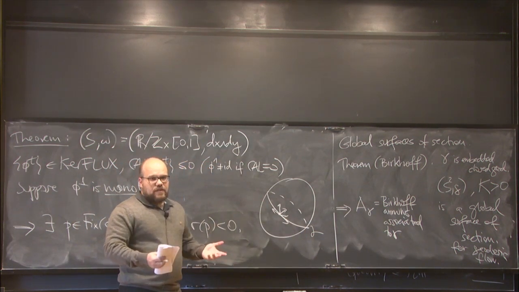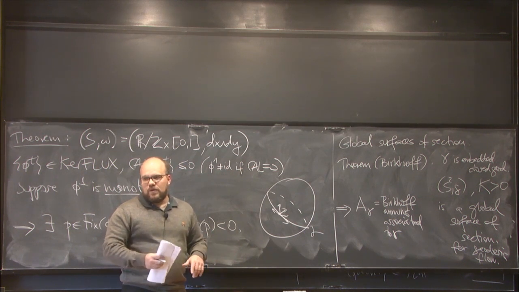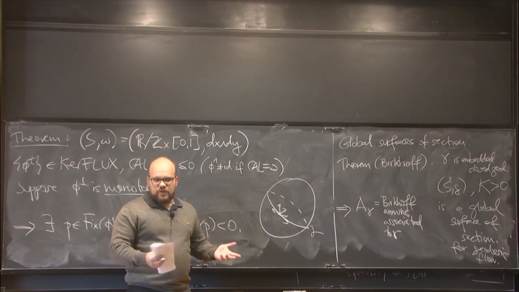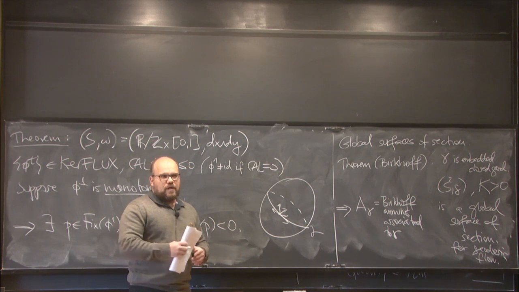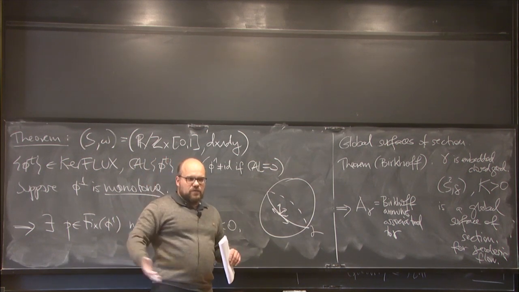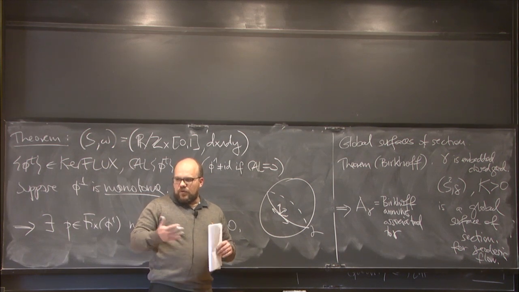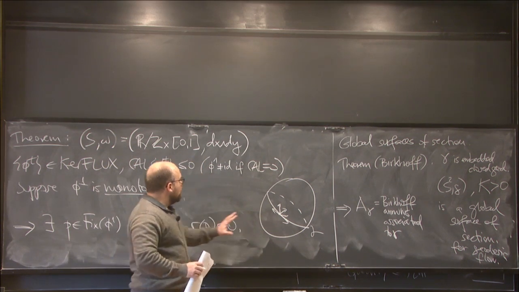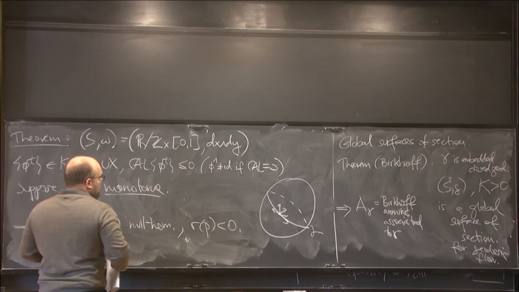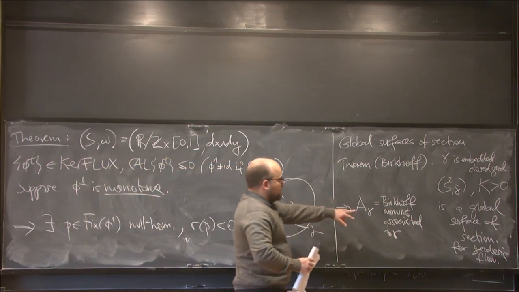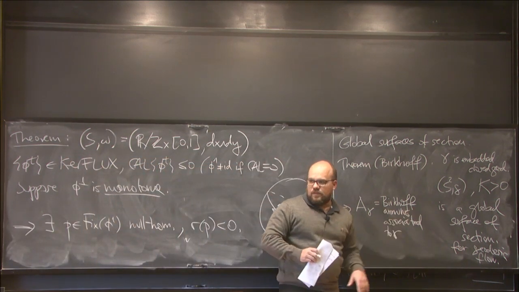And every single trajectory which is not one of these orbits will hit this annulus transversally in the future and the past. So you can encode the whole dynamics of the geodesic flow as the dynamics of the return map to this Birkhoff annulus. So you see how we are going to connect the geometry to the dynamics through this gadget.